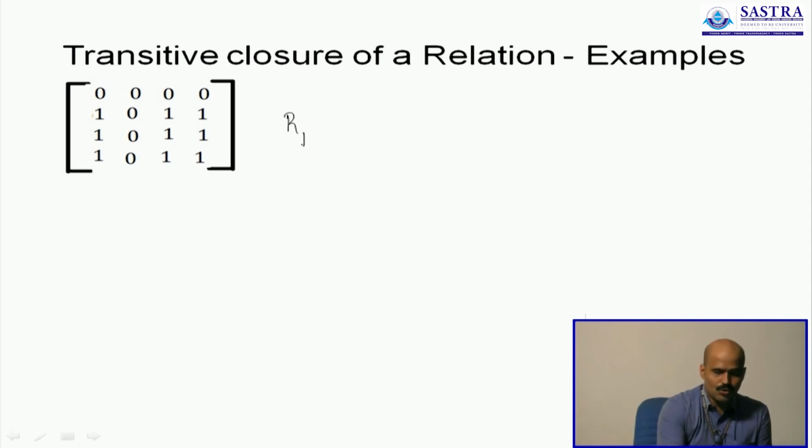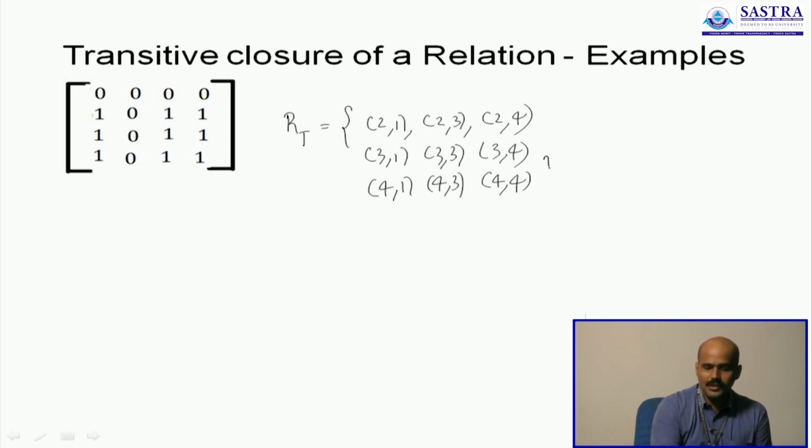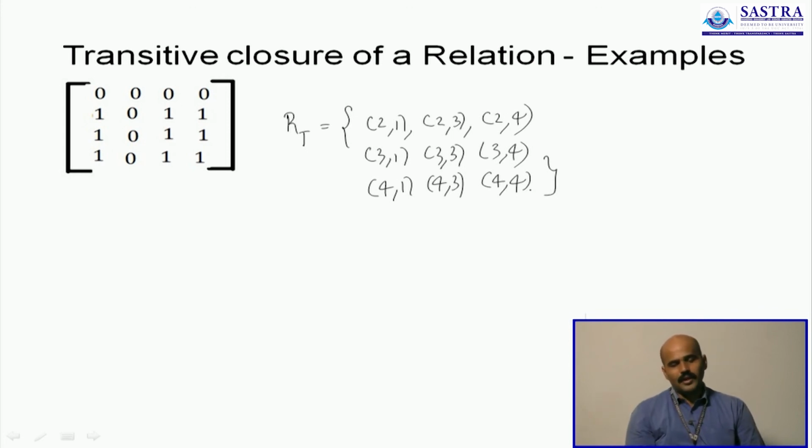The transitive closure will include 9 ordered pairs, which are 2 1, 2 3, 2 4, 3 1, 3 3, 3 4, 4 1, 4 3 and 4 4. It will have only 9 ordered pairs, and this is the smallest relation that will contain R, and that will also be a transitive relation.